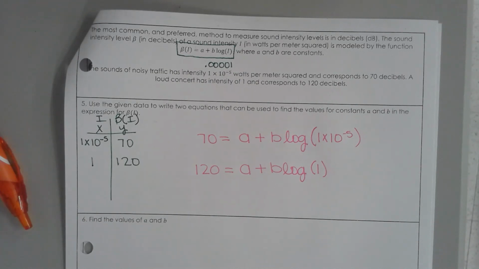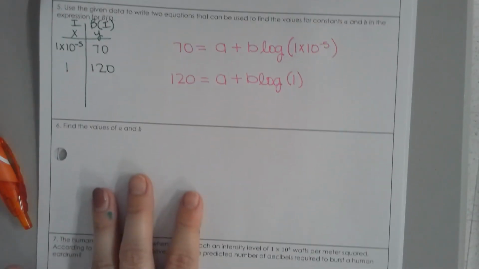If you look at your Stat Calc menu, there is not a log regression. And it is not the same as a natural log regression. I tried. I was like, let me just see if it's the same. It's not. So, unfortunately, we can't just type these in the calculator.